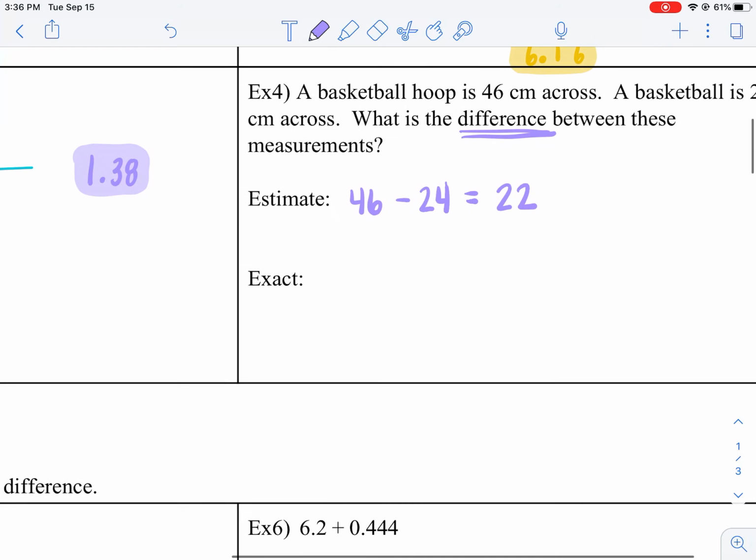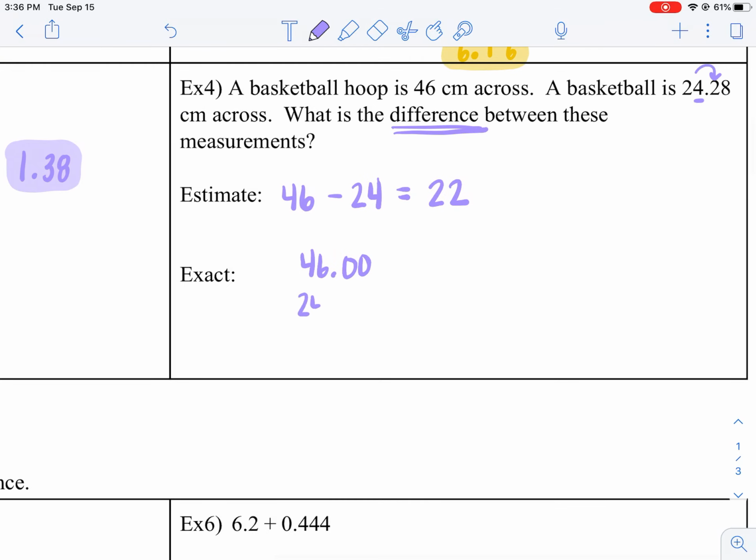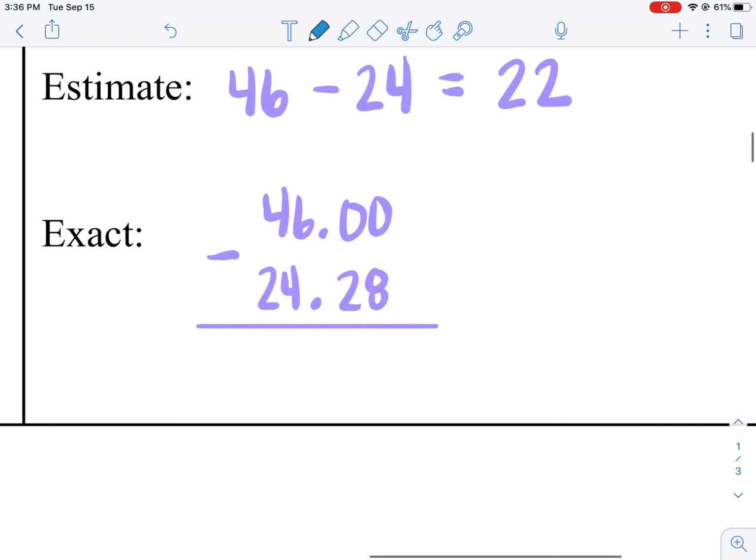Okay. Now let's find out the exact, because the exact takes a bit more work since we probably will have to borrow. 24.28. And we have to borrow. 0 minus 8 we can't do, so we need to borrow. When we're borrowing from the left, if it's not a number that we can lower, it becomes a 9.